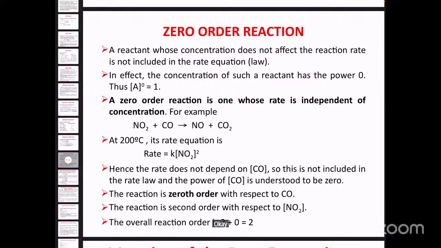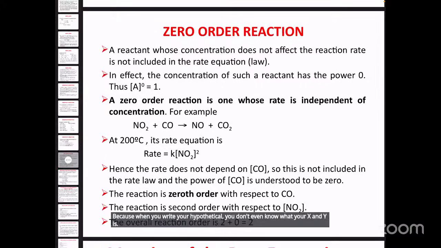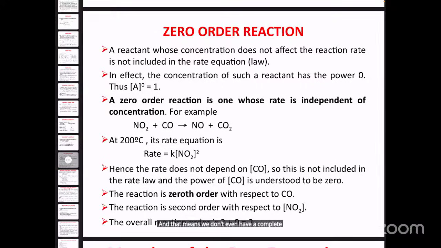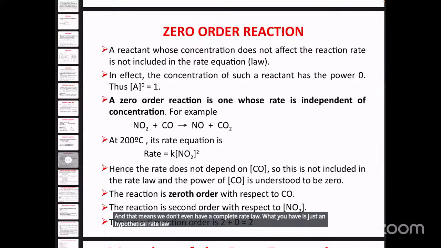Because when you write your hypothetical rate law, you don't even know what your X and Y are, and that means you don't even have a complete rate law. What you have is just a hypothetical rate law. You still need those values, and you need to go ahead now and look for those orders.